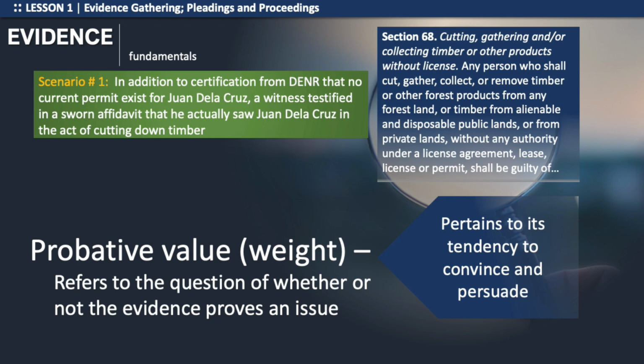One was a testimony from a witness that saw the accused in the act of cutting, the second scenario was that a picture was taken of timber stockpiled in the property of the accused, and the third scenario was the fact that there was no permit, right?